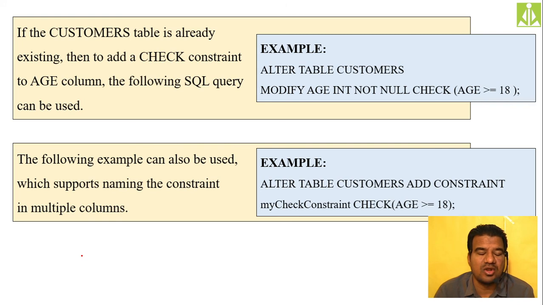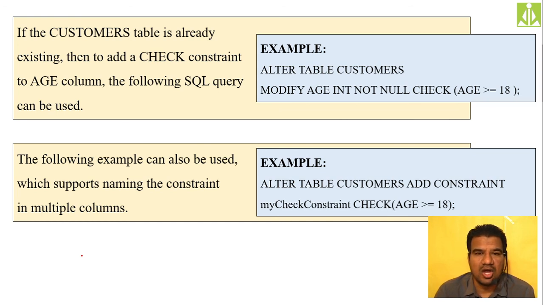Let us say you have already created the customers table with minimum ages like 6 years, 10 years, and you have entries like that in the table. So now when you try to impose this check constraint using alter table, what will happen? It will check the column for that condition.